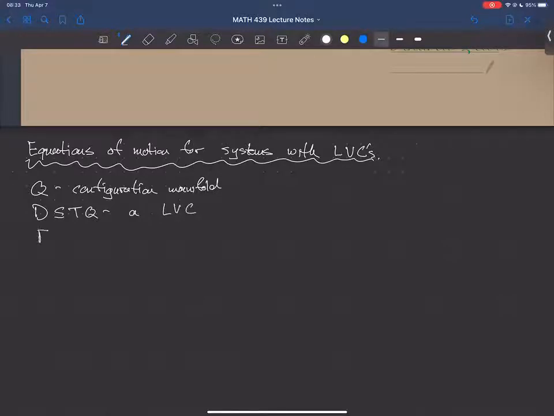We have external forces, F. Okay, and we of course have the kinetic energy metric, G.